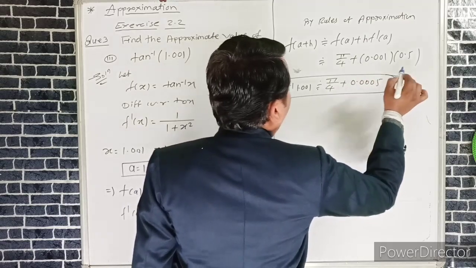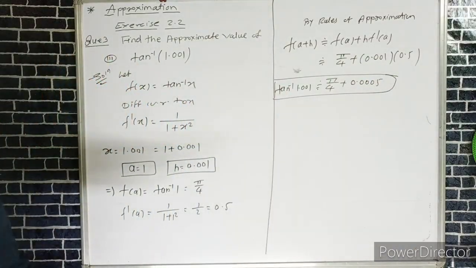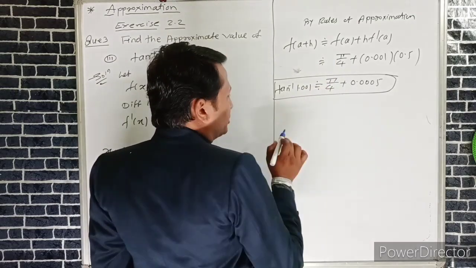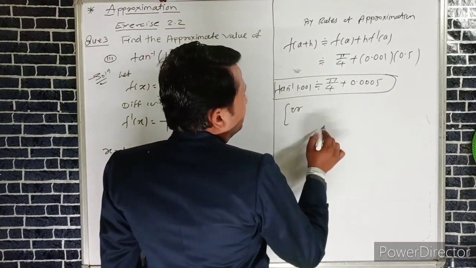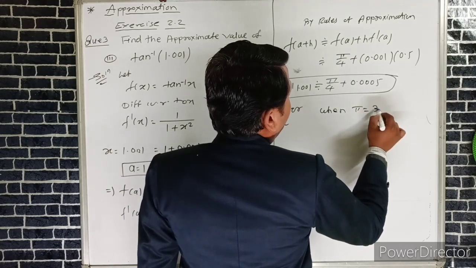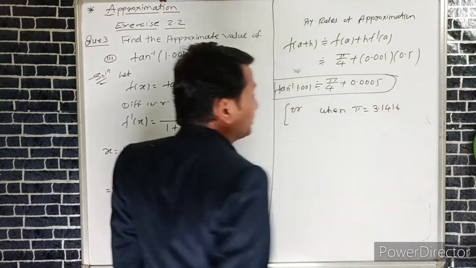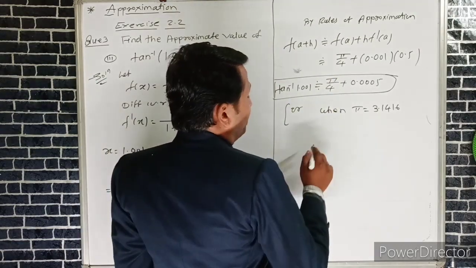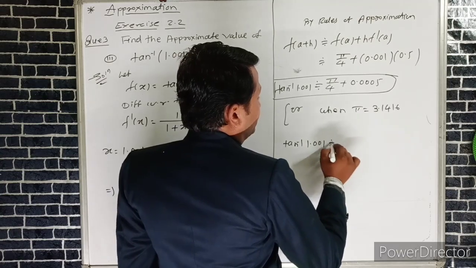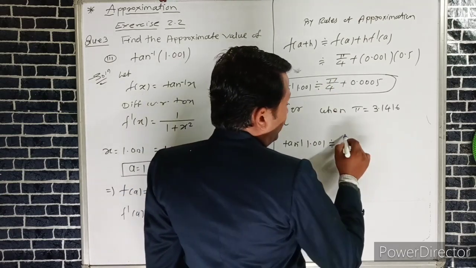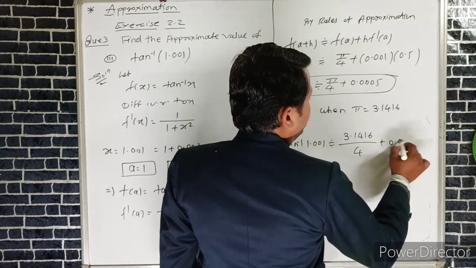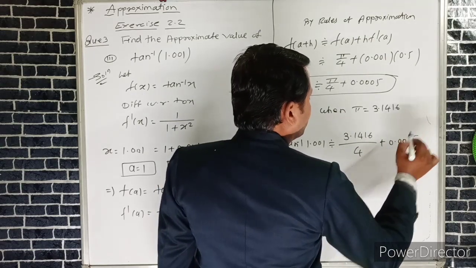And we know that the value of pi, we can also write the value of tan inverse of 1.001. When pi is equal to 3.1416 is given, we can substitute the value of pi, then tan inverse of 1.001 is approximately 3.1416 upon 4 plus 0.0005.